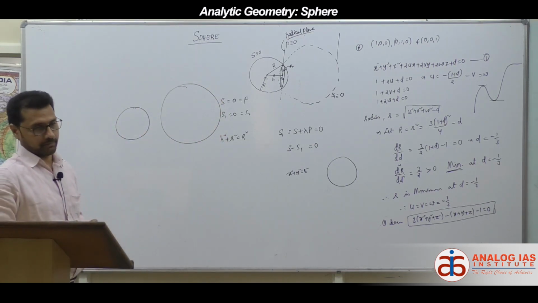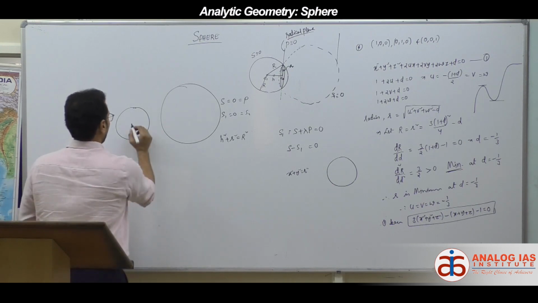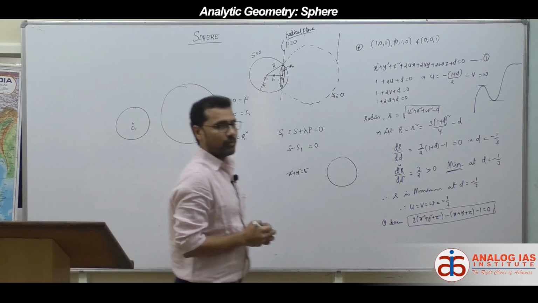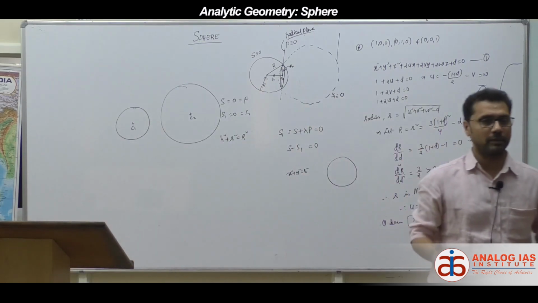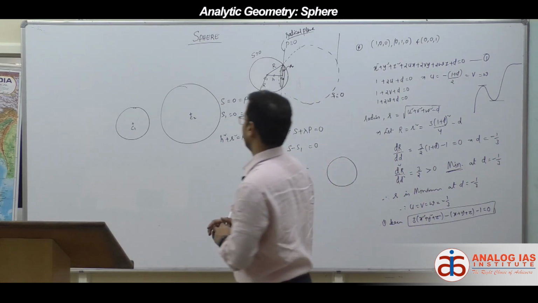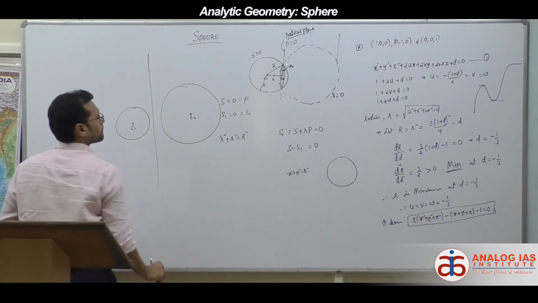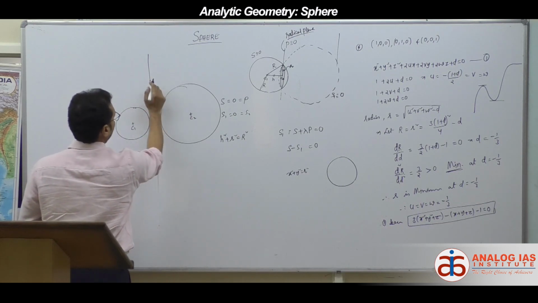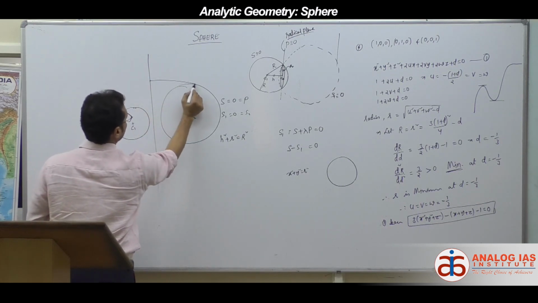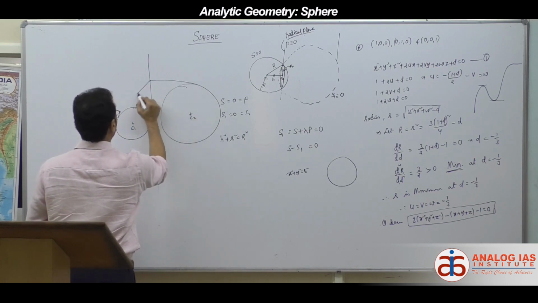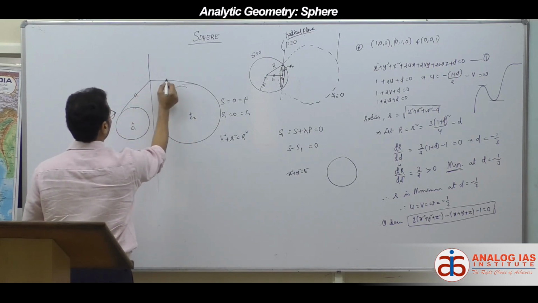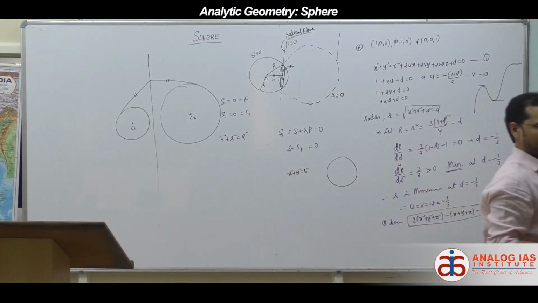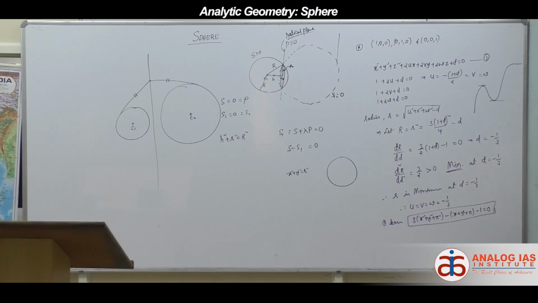Now I can always find the locus of certain points which actually gives me a plane, which would be something like this, from which if I draw tangent lines to the spheres, they will always be of equal length. Such a plane is called a radical plane.